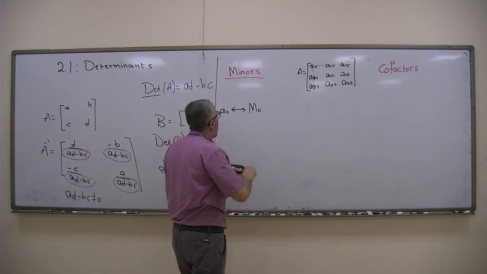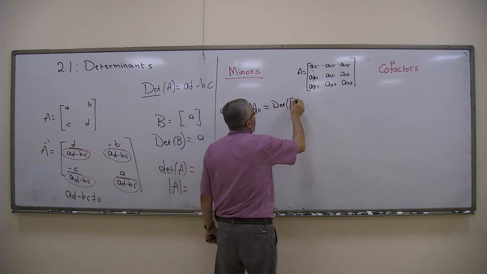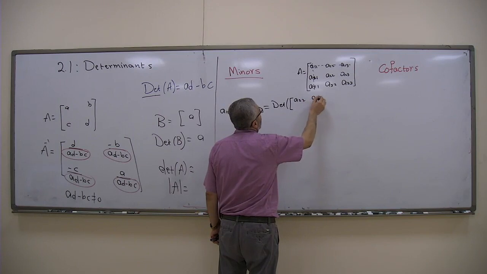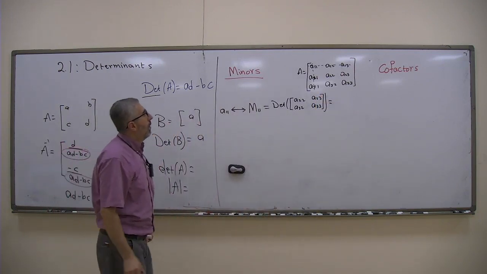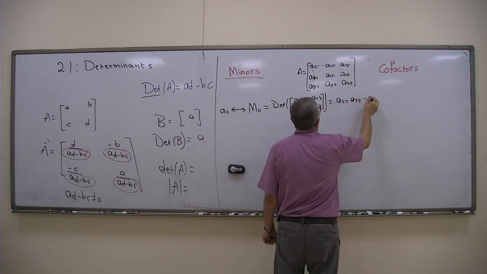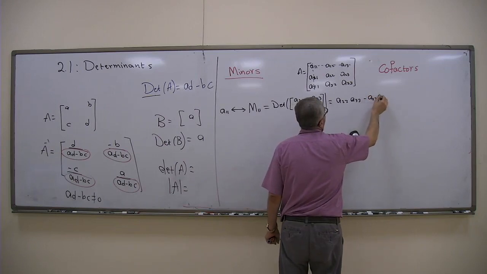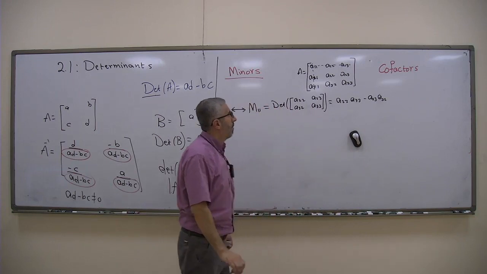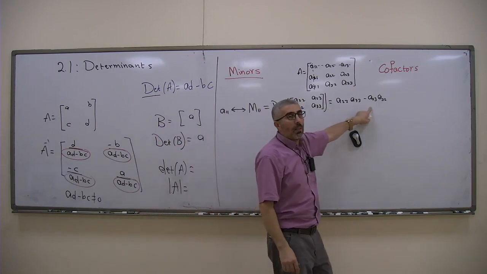So this is going to be the determinant of A22, A23, A32, A33. Which, based on what we know from here, is A22 A33 minus A23 A32. Okay, so the minor that we associate with A11 is this quantity. Look, this is a number here.